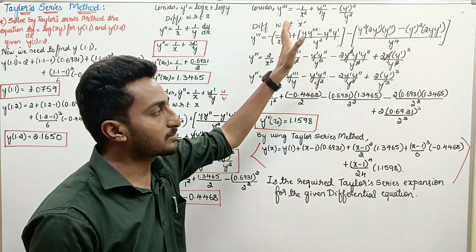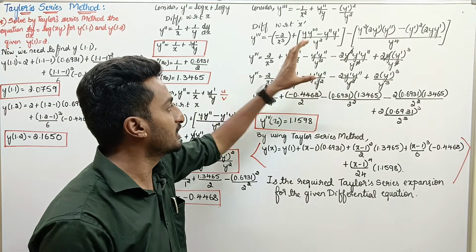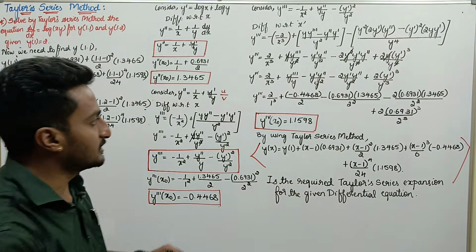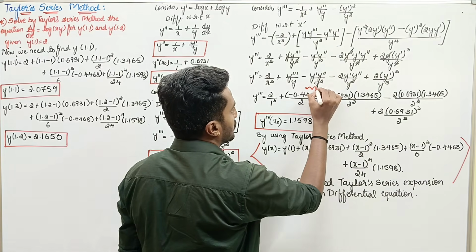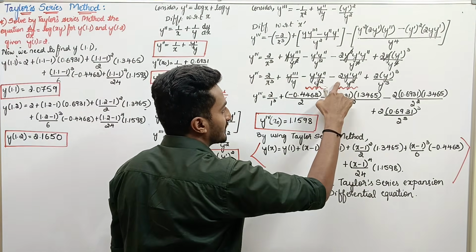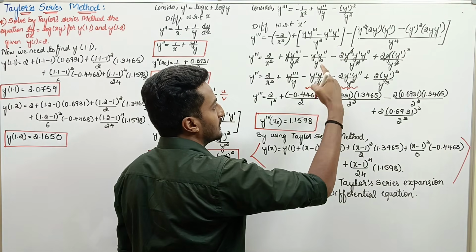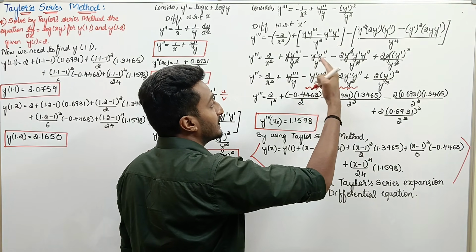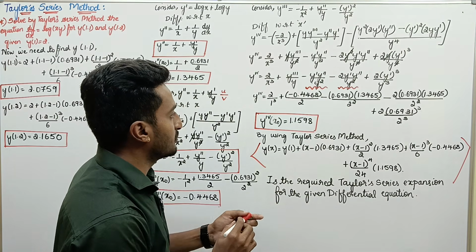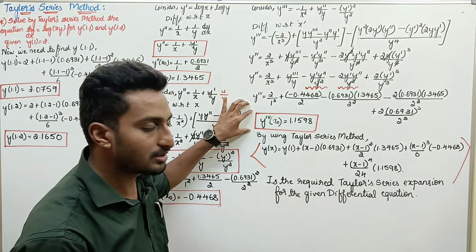Just differentiate, just simplify. Since these two terms are the same, you can add. You add minus 1 minus 2, you get minus 3 by y, minus 3 into y dash y double dash by y square. Got the point? If you simplify, you get y fourth derivative of x naught.